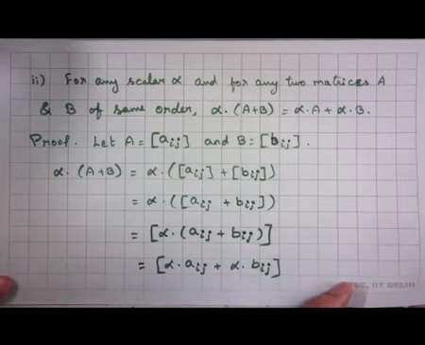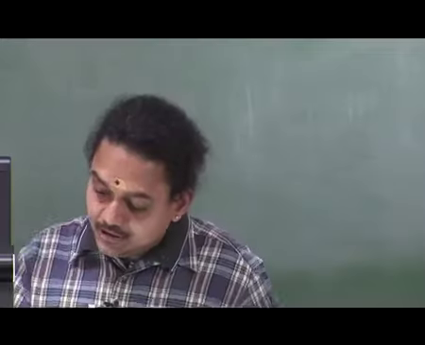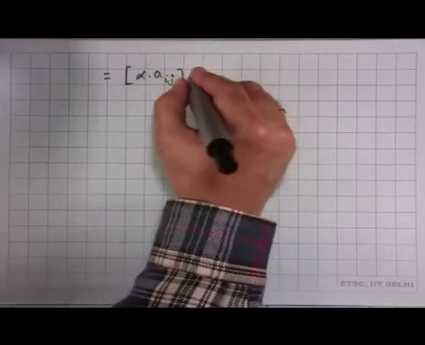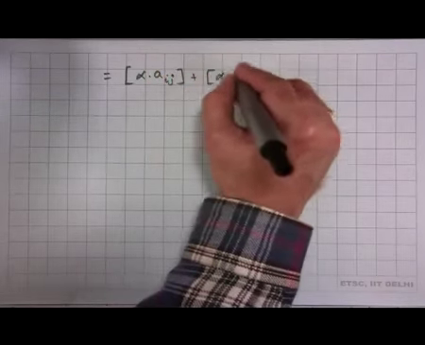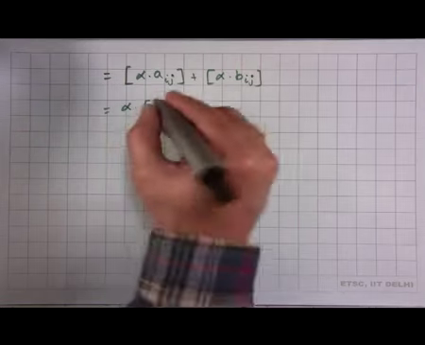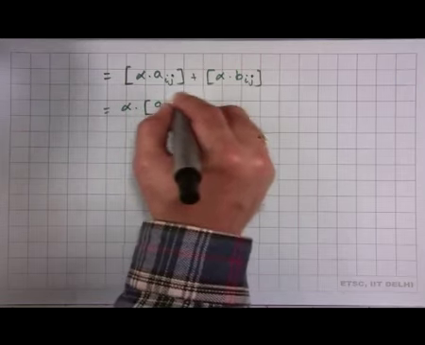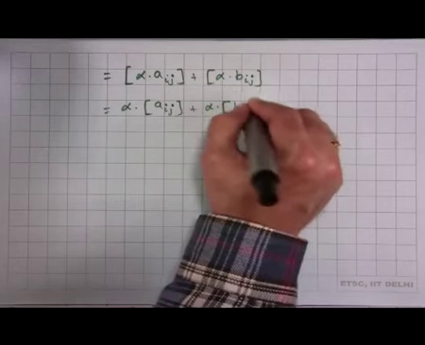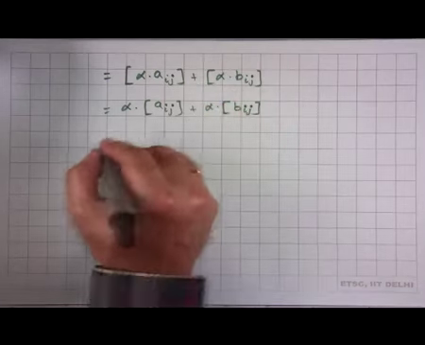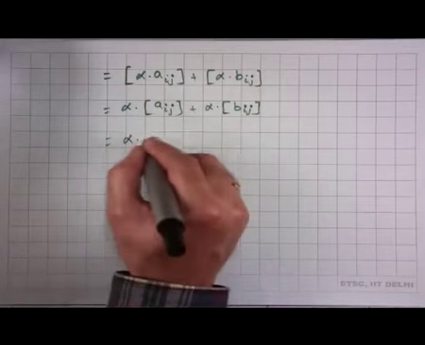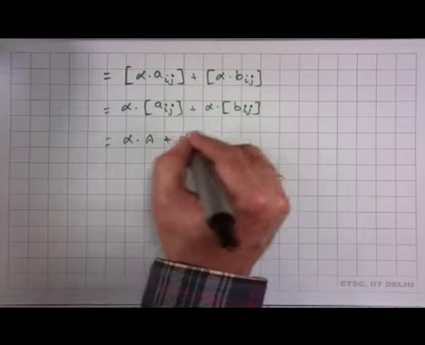By the definition of addition of matrices and scalar multiplication, this is alpha dot the matrix Aij plus alpha dot the matrix Bij, which is exactly alpha dot A plus alpha dot B.